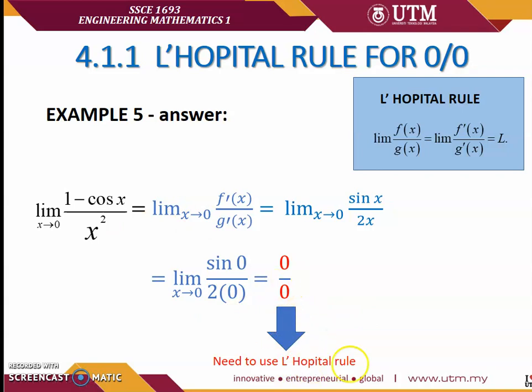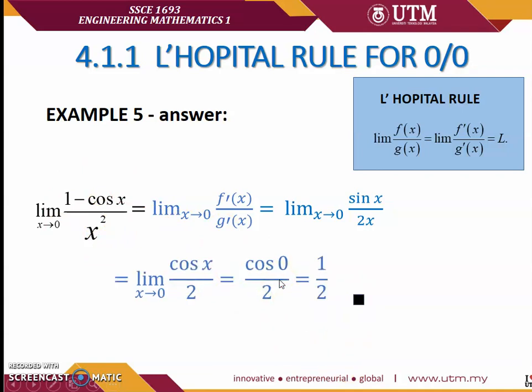This is the second time applying the same rule. We differentiate sin x, referring to the differentiation table, and we get cos x. Differentiating 2x again, we obtain 2.